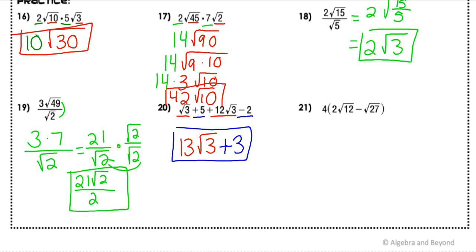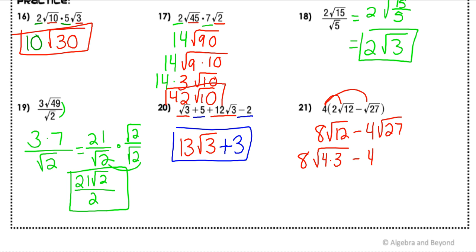All right, last one here. I am distributing here. So 4 times 2 is 8 roots of 12. And then I also am multiplying here. So minus 4 root 27. And then I need to simplify these if possible. So I can simplify the square root of 12 into 4 times 3, and I can simplify the square root of 27 into 9 times 3.